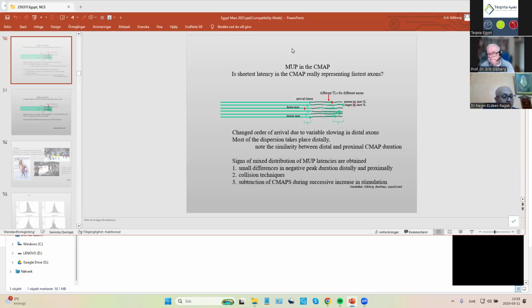Another thing in inching, short segment at the elbow, the ulnar nerve at the elbow. The optimal distance is about 1 centimeter or 2 centimeters.